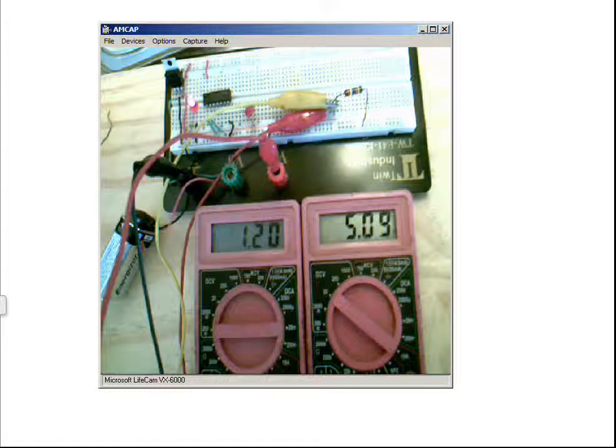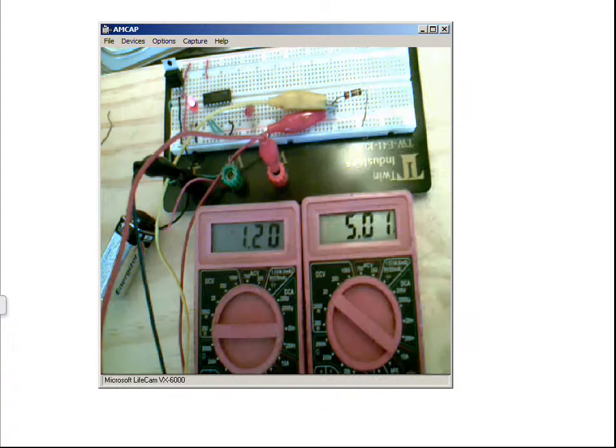So I can see on my voltmeter, let's stabilize again. Make sure I've got everybody plugged into where they ought to be, and everybody nice and stable there. All right, I'm going to call that 5.01 volts.